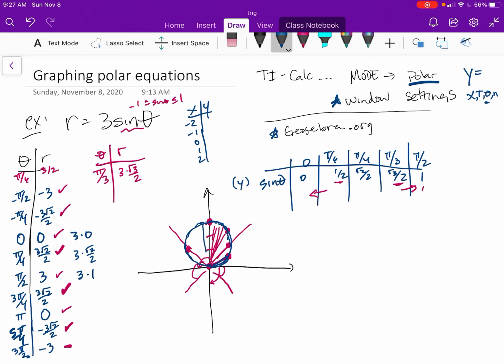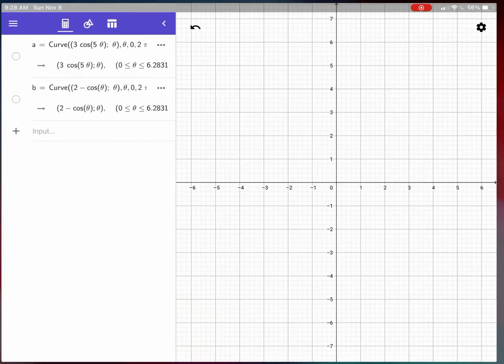But that's a ton of work. So let's jump over to GeoGebra. That's the idea behind it. Again, it's calculating thousands of points in between even just 0 to pi over 2. So, all right, let's hop on GeoGebra.